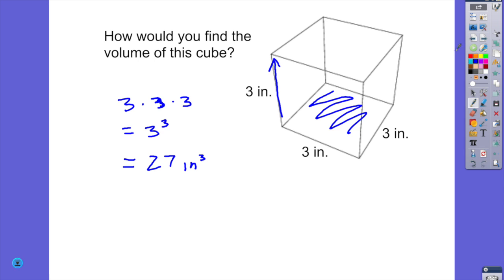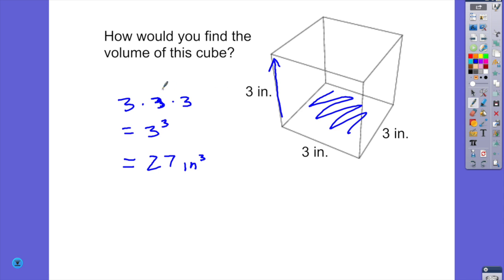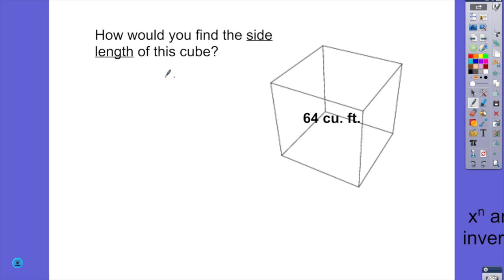So now what we want to discuss is, what if it was a similar problem? What if we had this? How would you find the side length of this cube, knowing that the volume inside is 64 cubic feet? Well, we just want to take the opposite of what we were doing here. In other words, what times what times what would be 64?